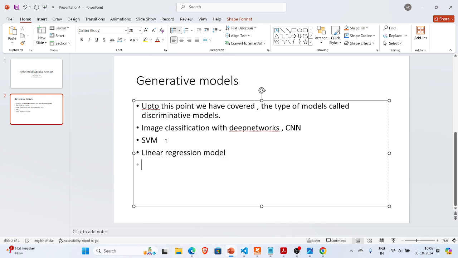What we're doing here is, given a training data set of pairs xi and yi, suppose we have n training examples.